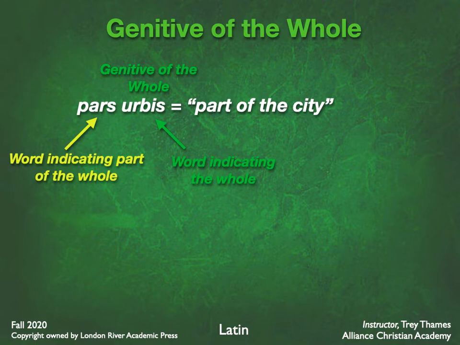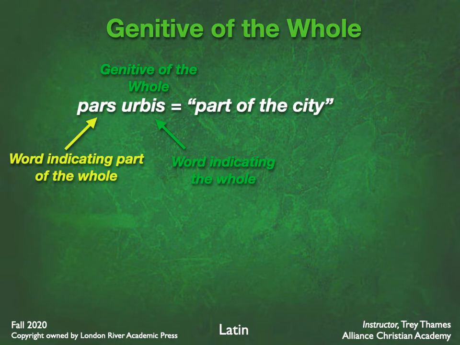So you have a whole city, but we're not going to conquer the whole city. What are we going to do? We're going to conquer a part of the city. So when you have a word like part that indicates a portion of something, followed by a word that is in the genitive, then this is a genitive of the whole. Part of the city is the proper translation here.